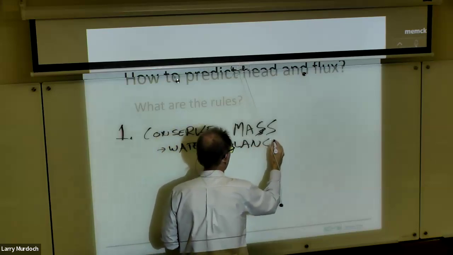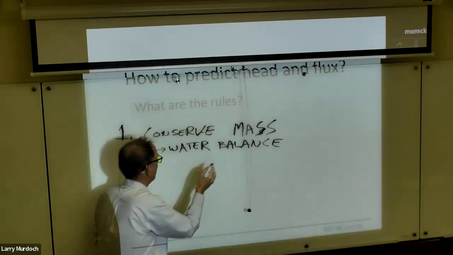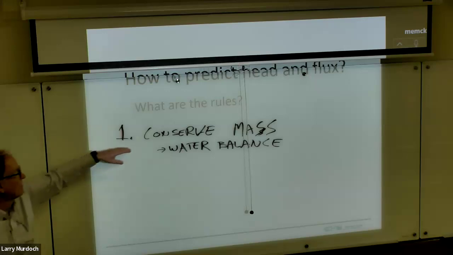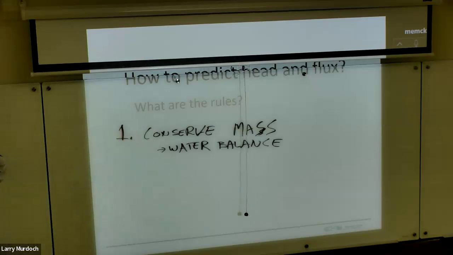So we had a version of the mass conservation that we recognized as the water balance. We said it was the volume going in is the volume going out plus the change in volume stored. So we started off with that, and that's just from basic physics, so that better apply. So that's one rule.